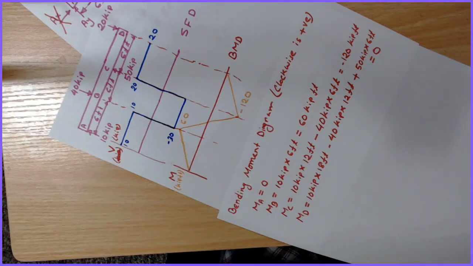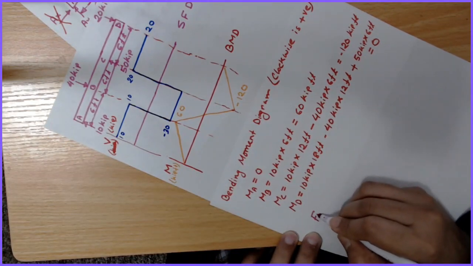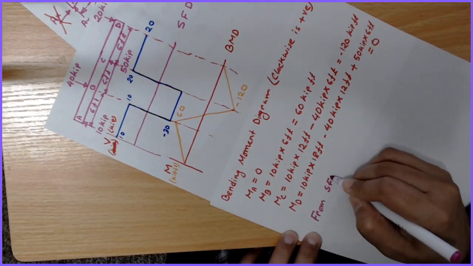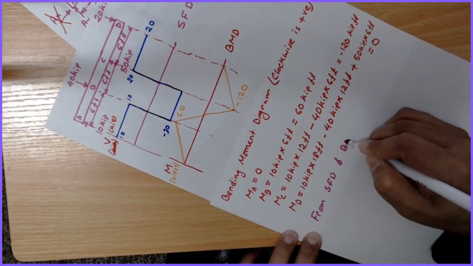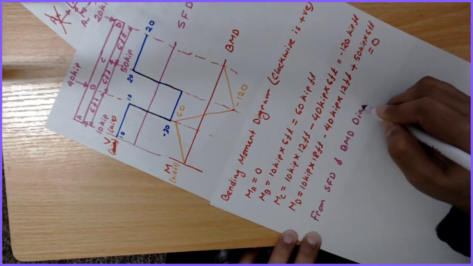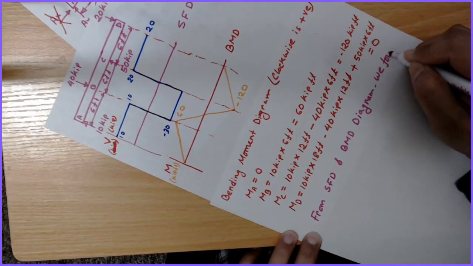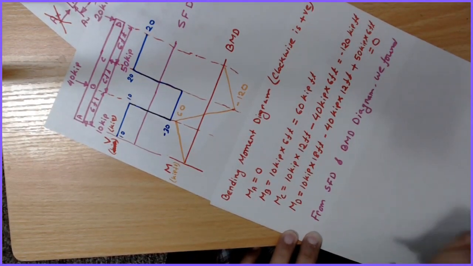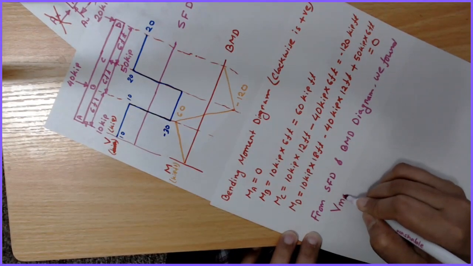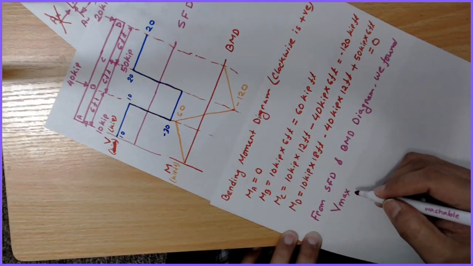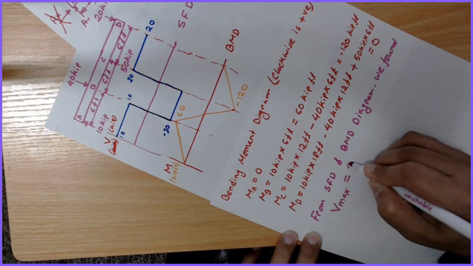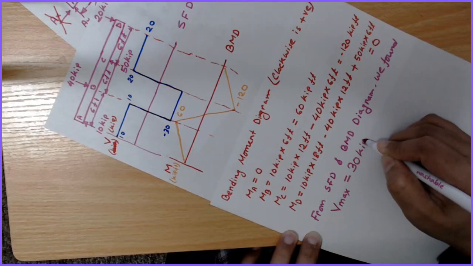So from the SFD and BMD diagram we found my Vmax, maximum shear force, is 30 kip, right?